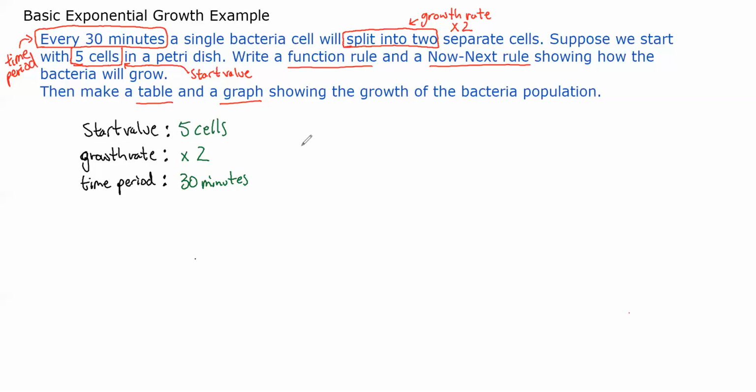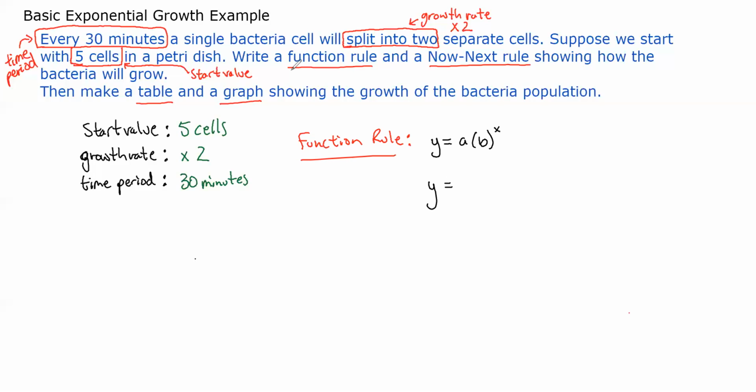Let's look at our function rule. All right, the function rule, we already know from the previous video that it's going to look like y equals a times b with an exponent of x. So y is going to stay y because we don't need to change it to anything else at this point.